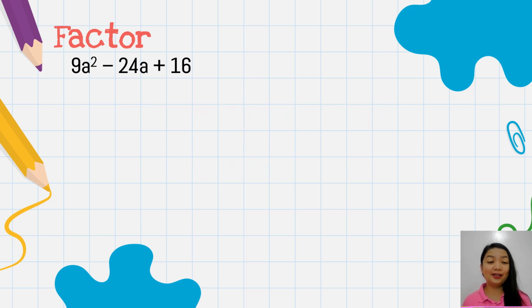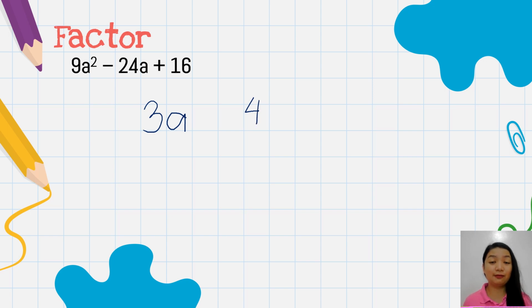So let us have another example. Let us have 9a squared minus 24a plus 16. Again, you get the square root of 9a squared, which is 3a. How about the square root of 16? Correct, that is 4.